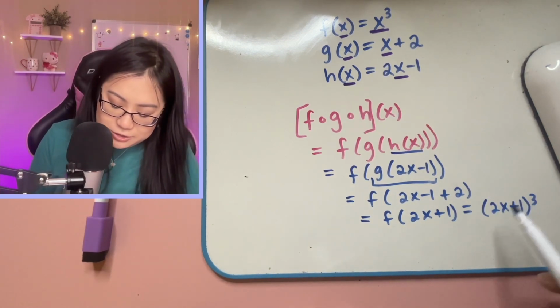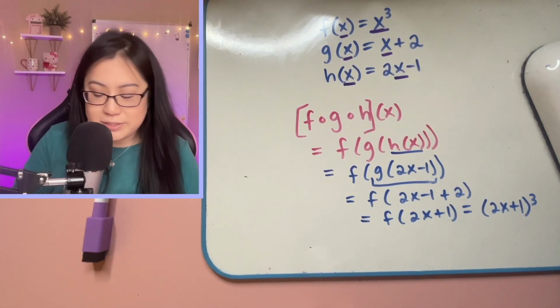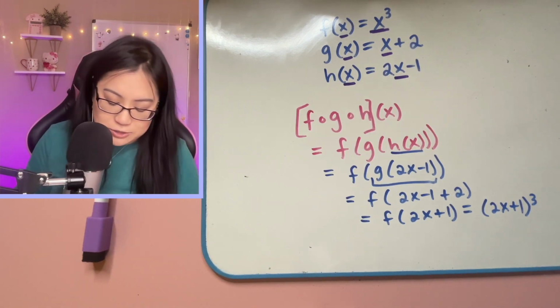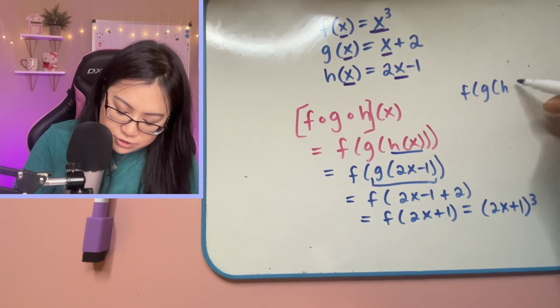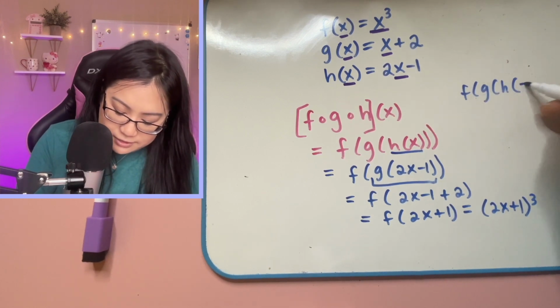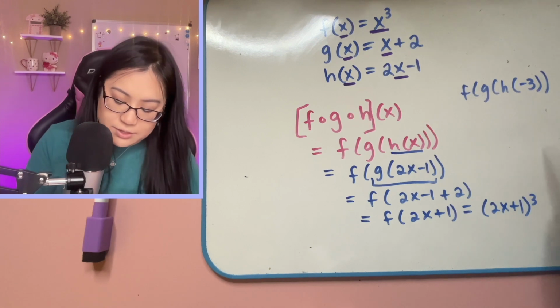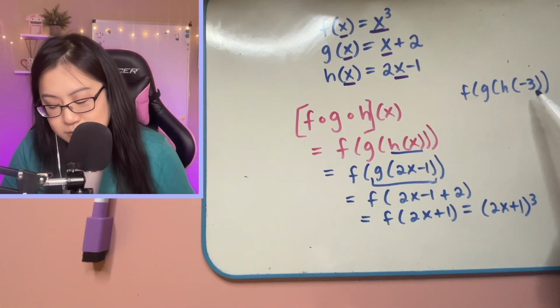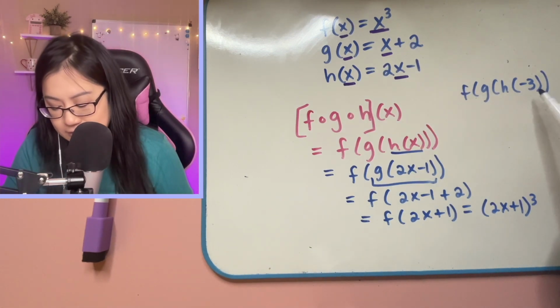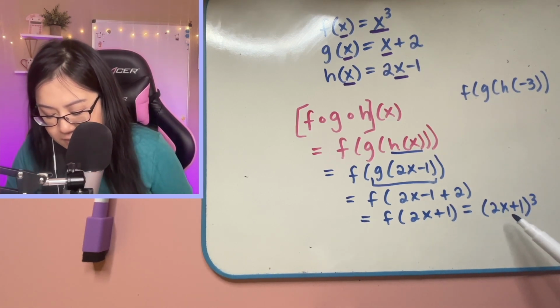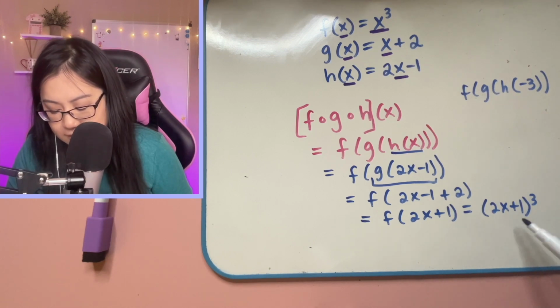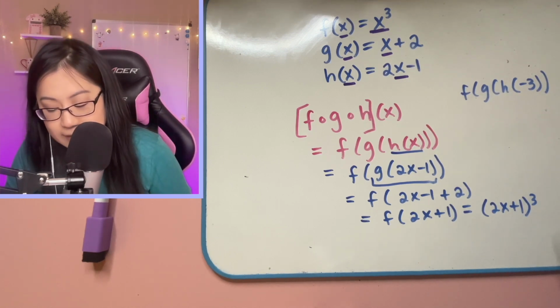So note that we actually have a function of x here, but you might have some questions where you're asked to do f of g of h of, let's say, negative 3. So in this case, that just means you put negative 3 as your x, so you can take this thing and put negative 3 here. So that would be, what, negative 6 plus 1 is negative 5 cubed is negative 125.